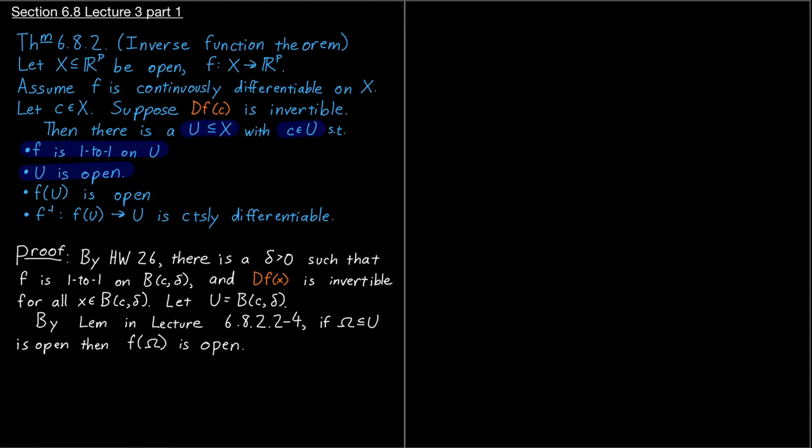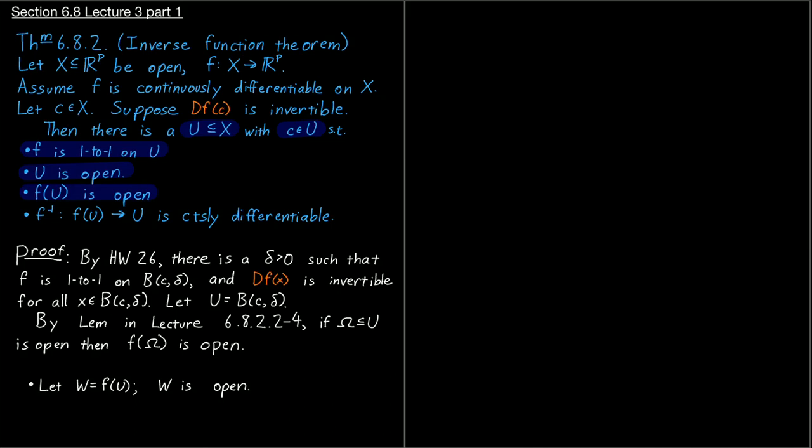And that gives us two things. Let W equal f of U. We can just take omega equals all of U, and that gives us that f of U is open. So that takes care of this piece of the inverse function theorem.